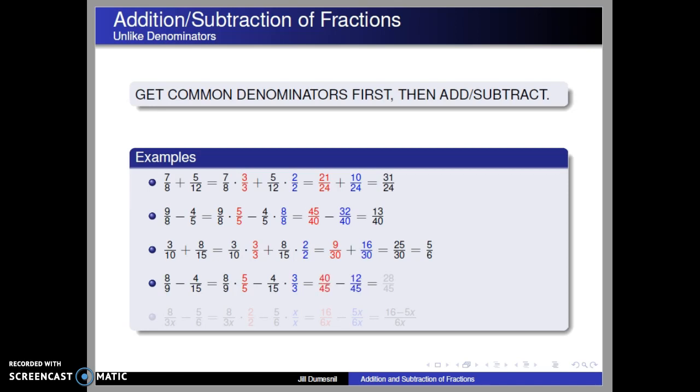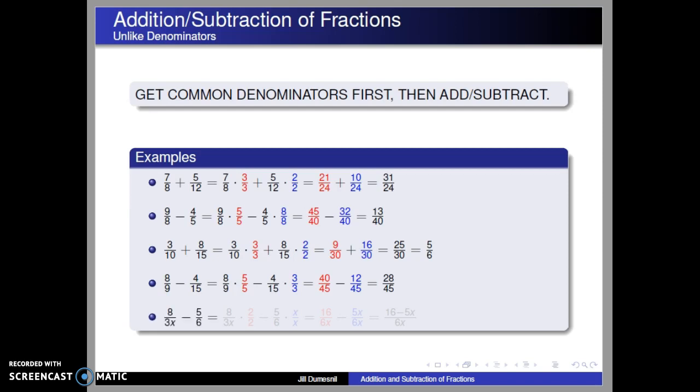This produces 40 over 45 minus 12 over 45. Note that it would be a mistake at this point to reduce these fractions, since we need the common denominator to subtract. Subtracting with the common denominator produces 28 over 45, which is simplified.